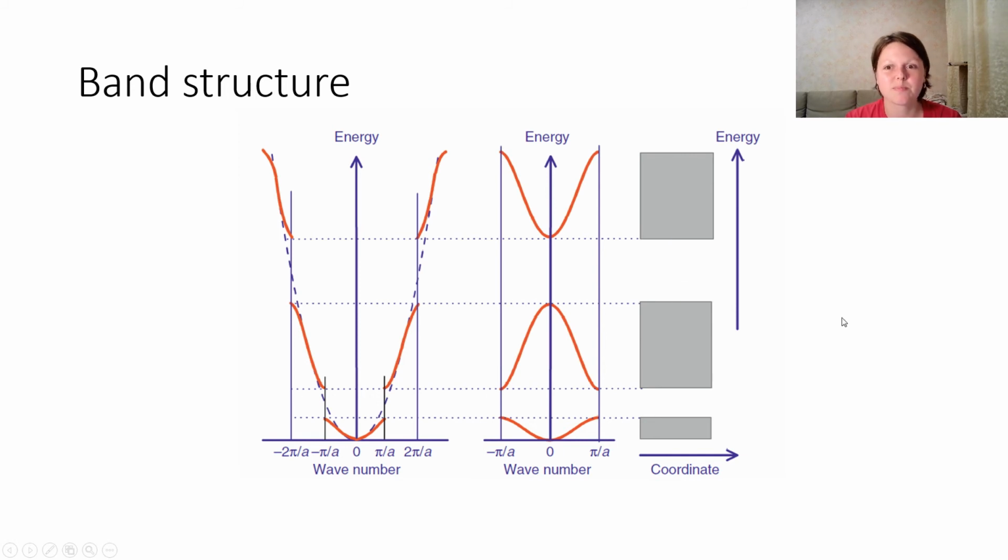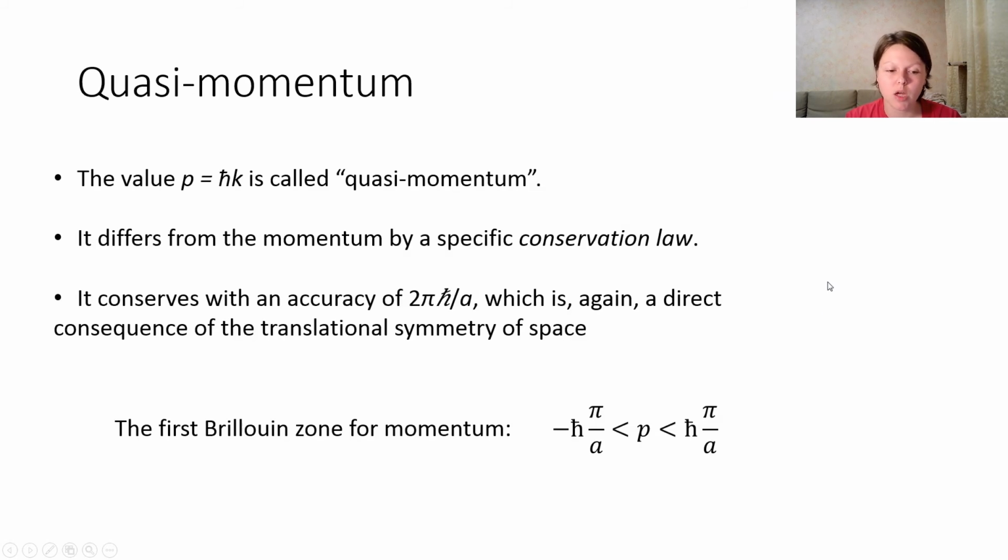So, what about the electron? We know that the electron is not free anymore. It is interacting with the periodic crystal structure, so it doesn't have the momentum as it was in the original free electron. And instead of the original momentum, we use the term quasi-momentum. It differs from the ordinary momentum by a specific conservation law.